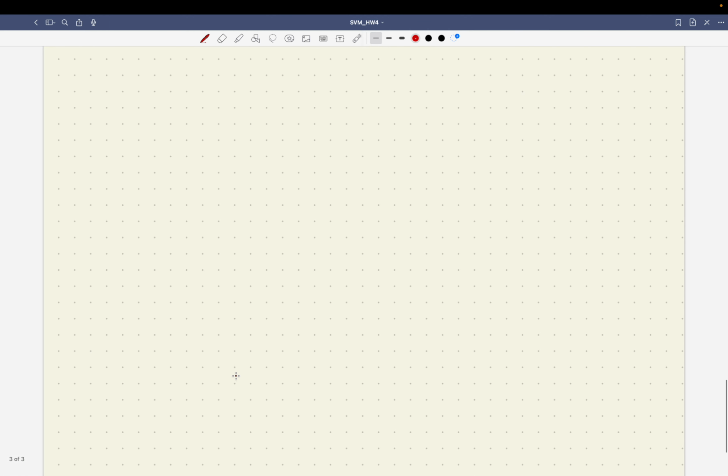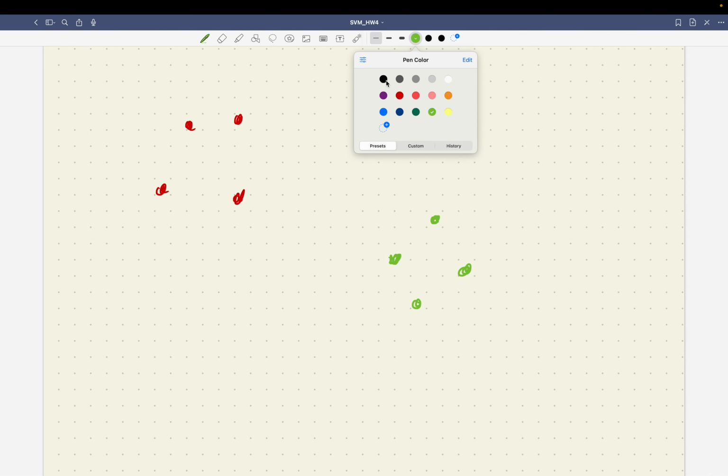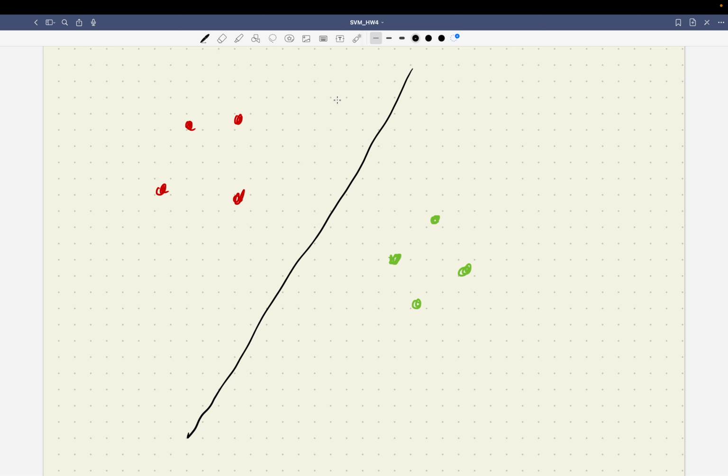So why do that? That's because when we start talking about the maximum margin separator, let me draw some data here. I'll put in some red dots and some green dots. Now let's just draw a cartoon of the maximum margin separator. It would be something like that.